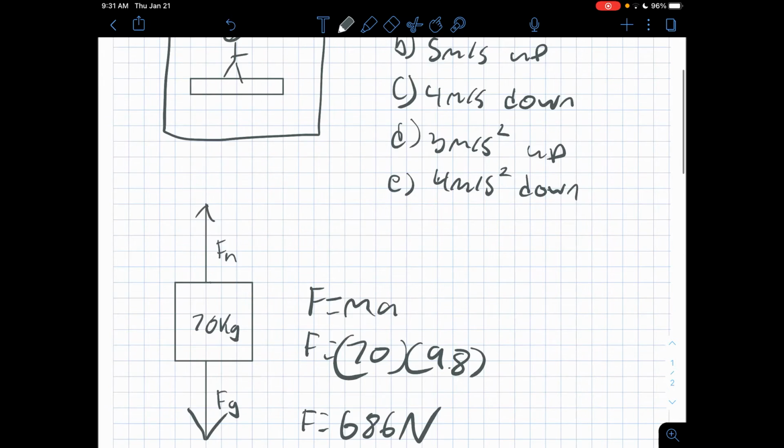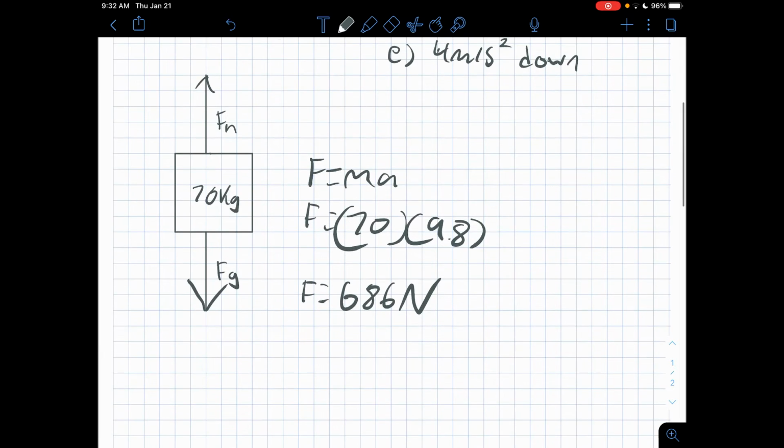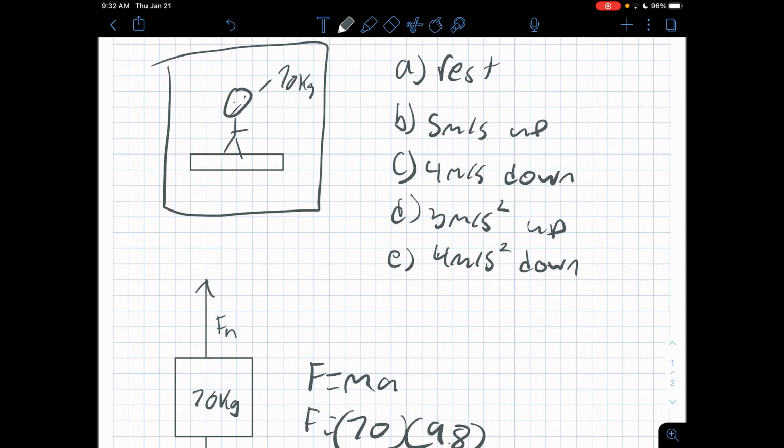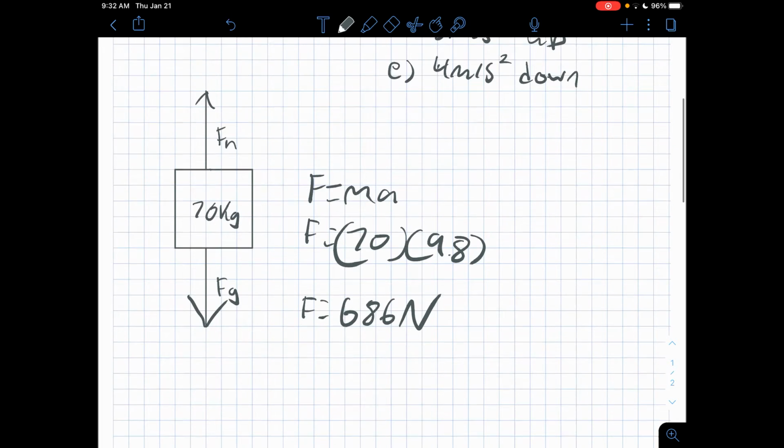So that answers the first question here. At rest, it's very simple because there are only two forces acting on the object, and the force of gravity is what you use. So what happens if the elevator is moving at a constant velocity or uniform motion, upwards or downwards?